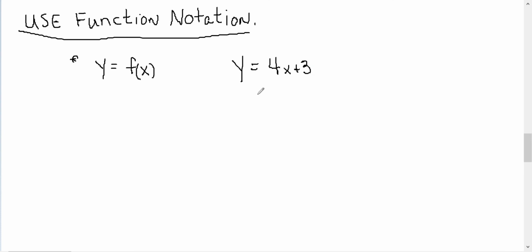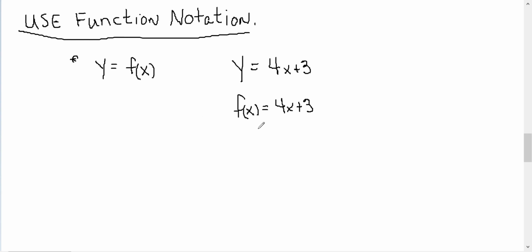But now my new language is going to be that f of x, which equals y, equals 4x plus 3. Okay, and that's what it's going to look like, something like this from here on out.